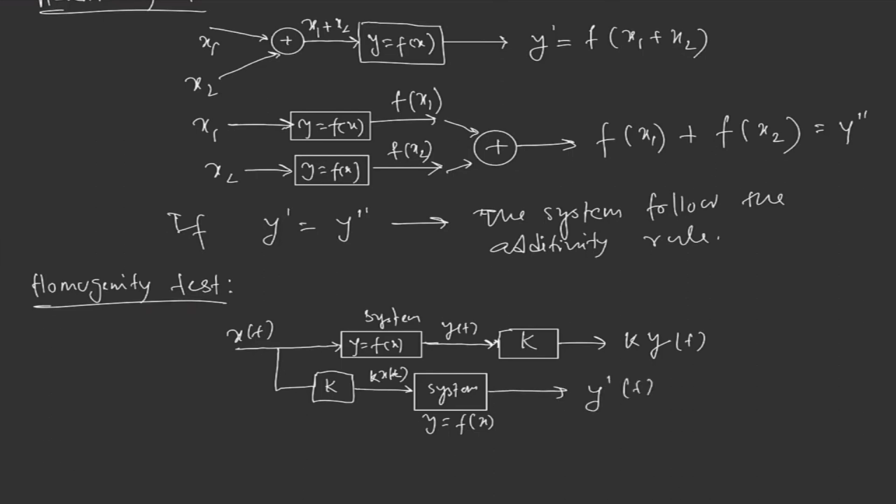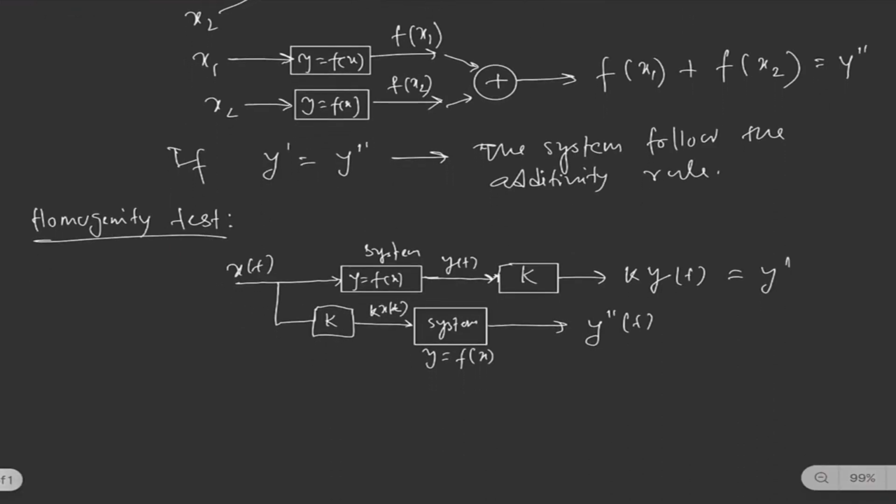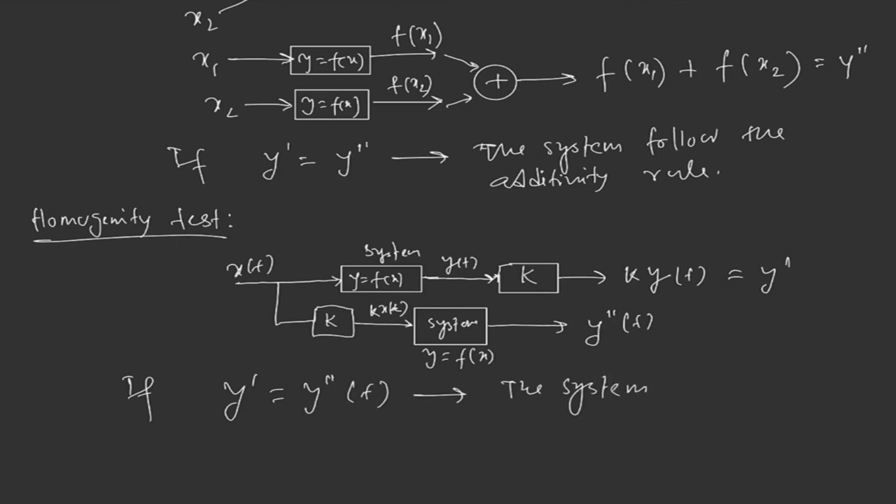Let me write y dash, and this is y double dash. If y dash equal to y double dash, I can say the system follows the homogeneity rule.